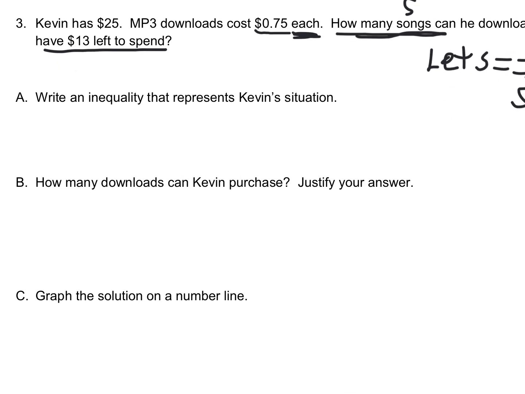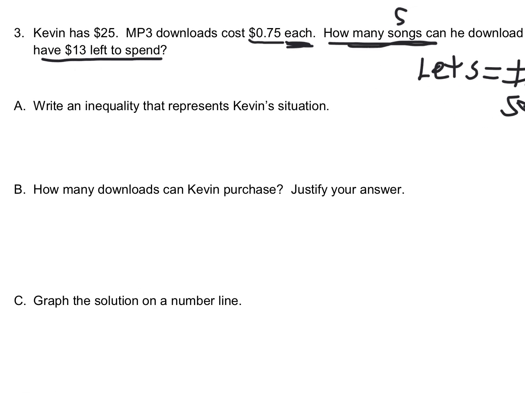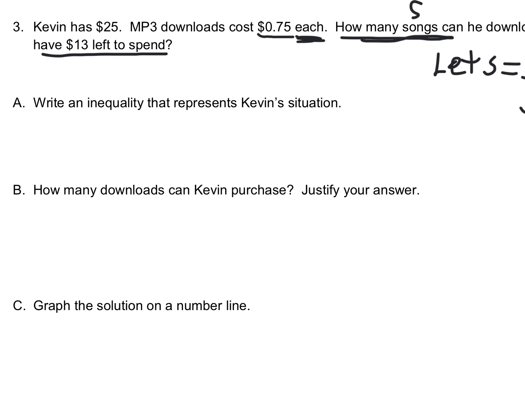So that is the constant that we're going to add to our left-hand side. Well, I know that the variable S is going to be multiplied by 0.75, and that's because of that word each. So I take 0.75 times S, and I add the 13. And I want to say that's going to be less than or equal to 25. That's the total that he had.